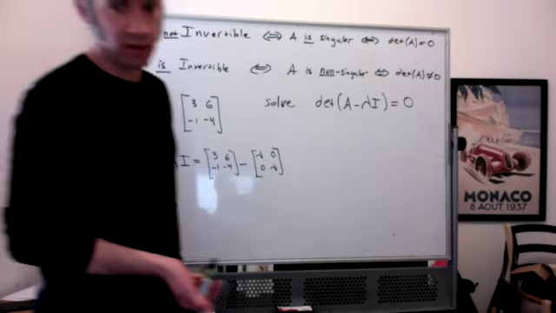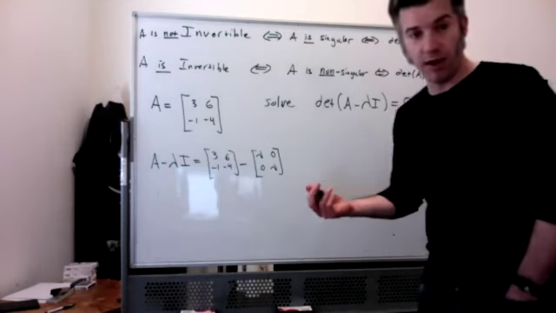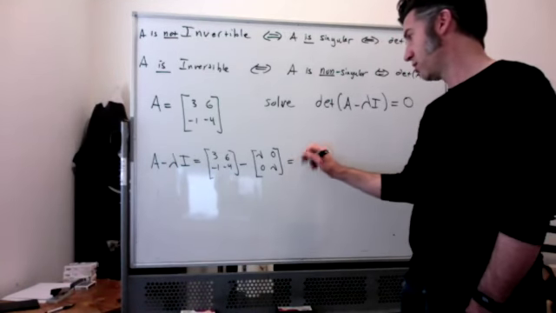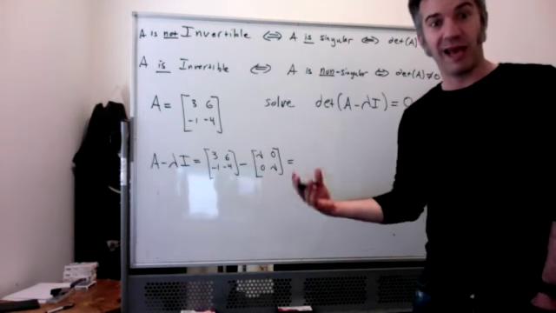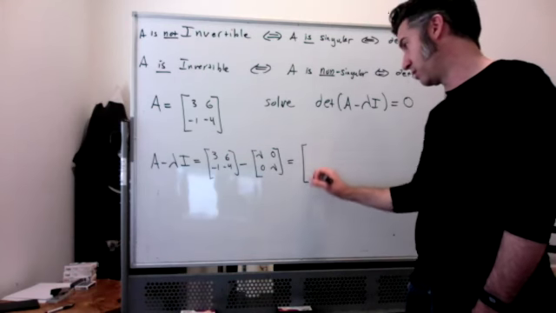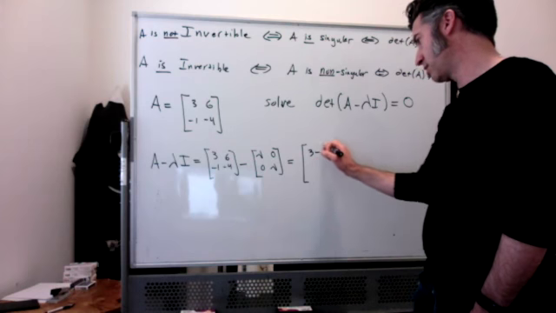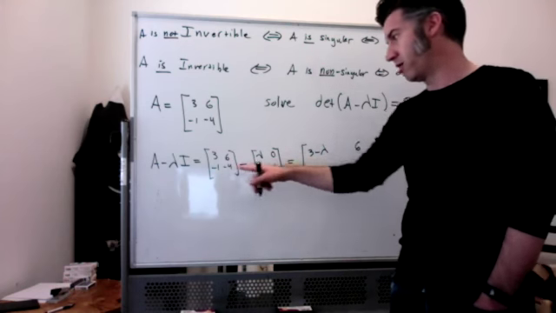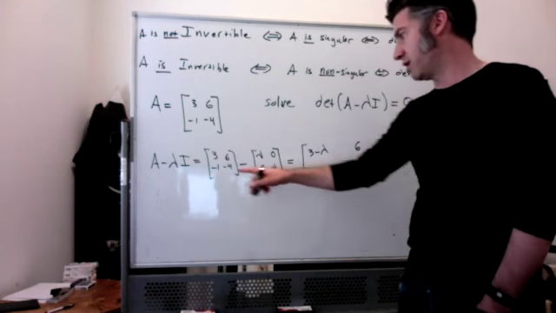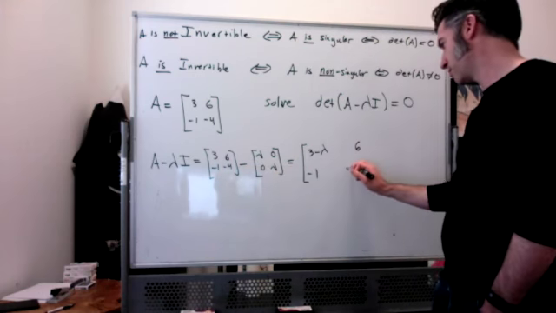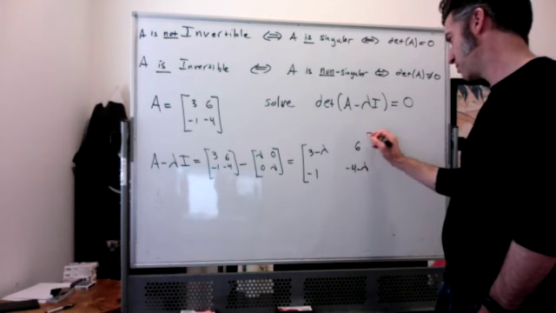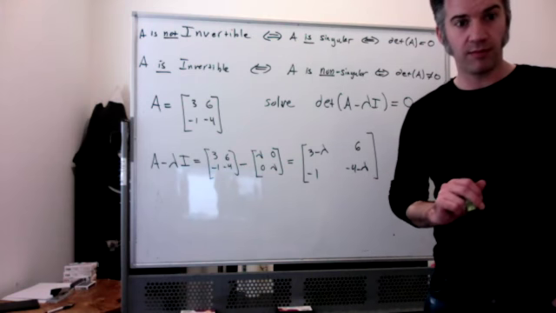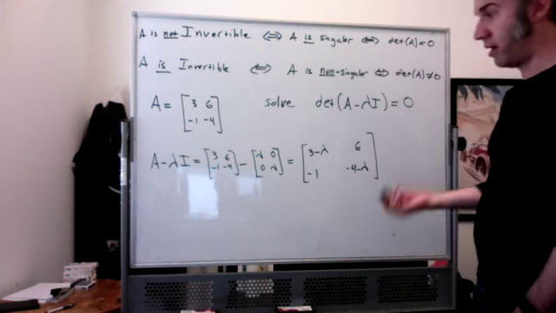Usually we get into the habit of just subtracting lambdas from the diagonals. This is going to be 3 minus lambda, 6 minus 0, -1 minus 0, and -4 minus lambda. Okay, so that's our A minus lambda I.